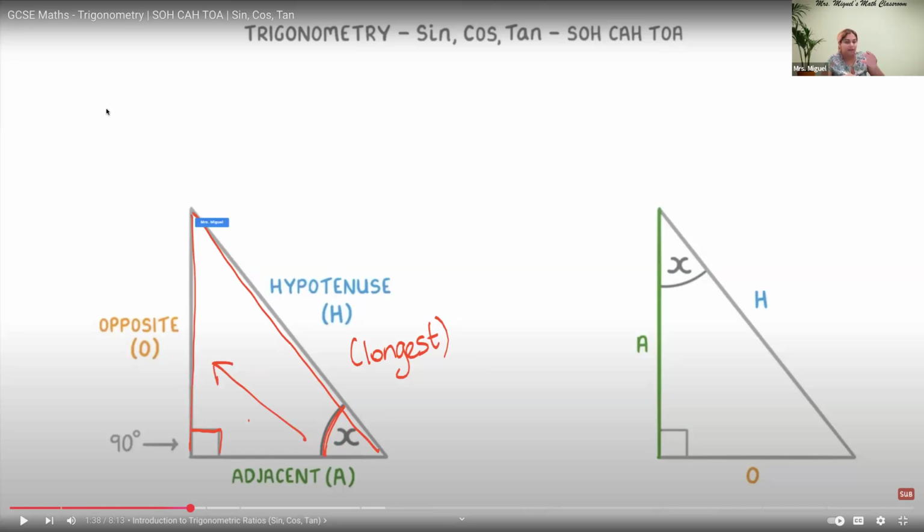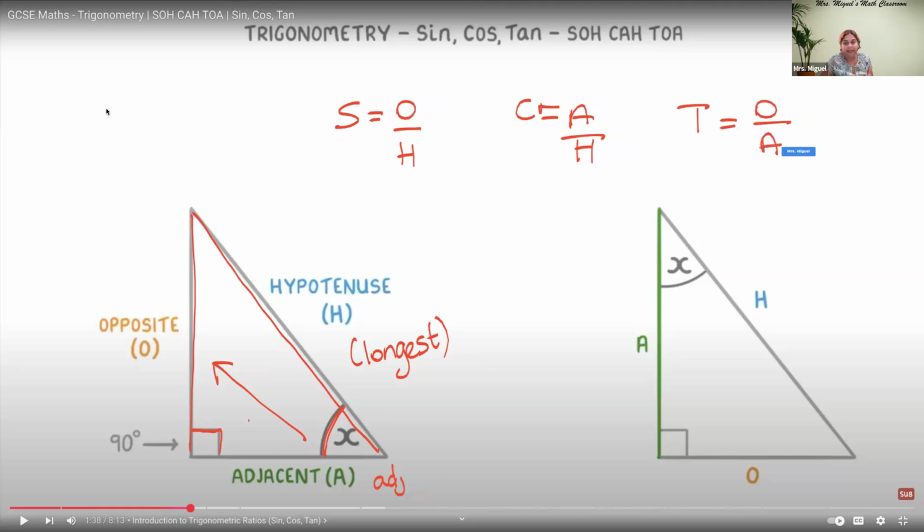So if I label longest, opposite, the third side must be the adjacent. And for the trig ratios, SOHCAHTOA, whatever information is given in the question directs me into which trig ratio to use.